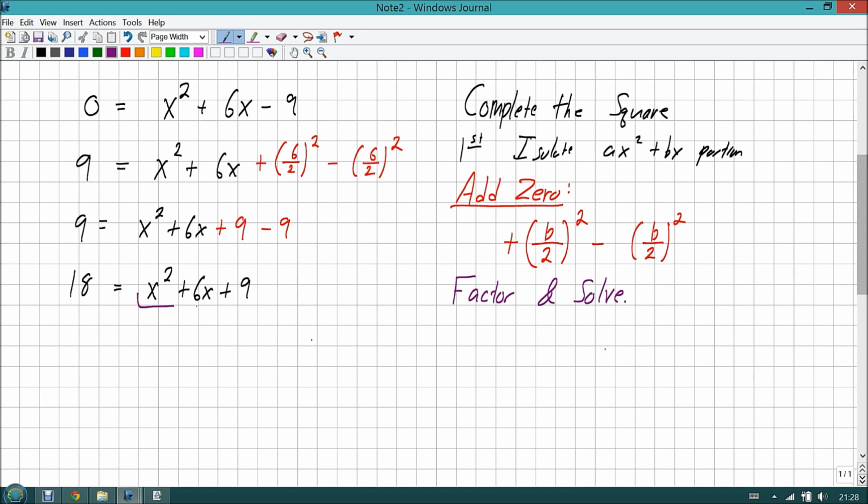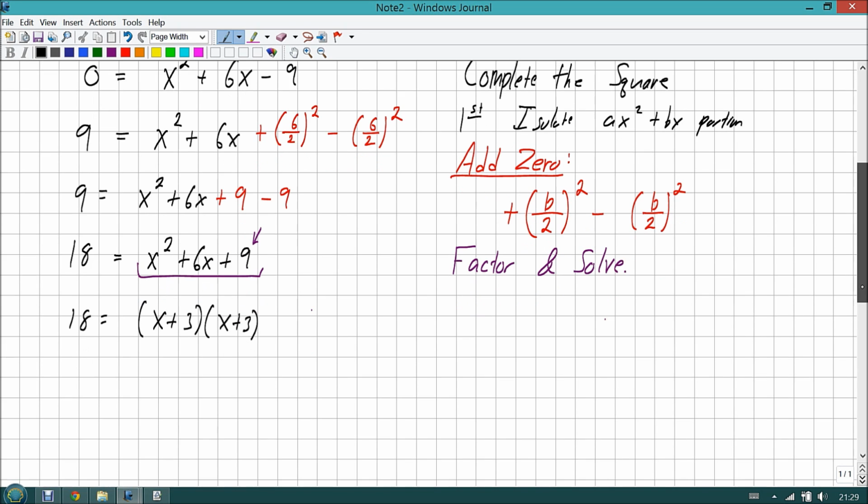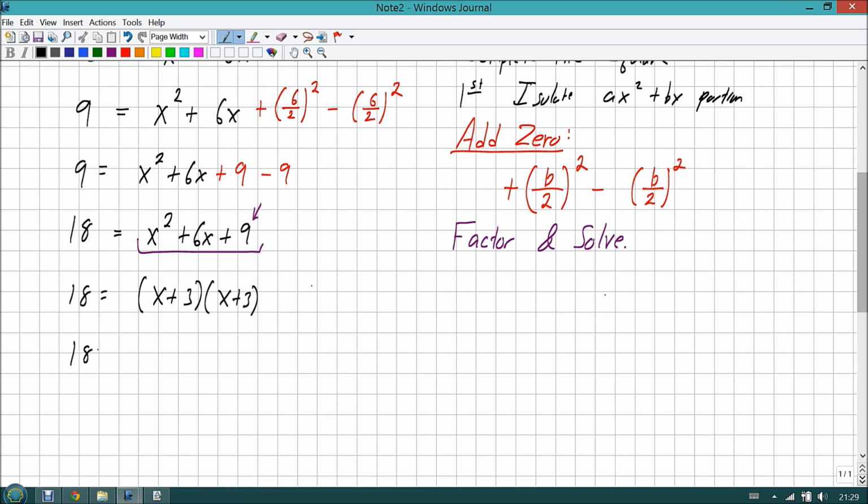So factoring this, I know it's going to be plus the square root of this number twice. So it turns into 18 is equal to x plus 3 times itself, x plus 3, which turns into 18 is equal to x plus 3 squared.